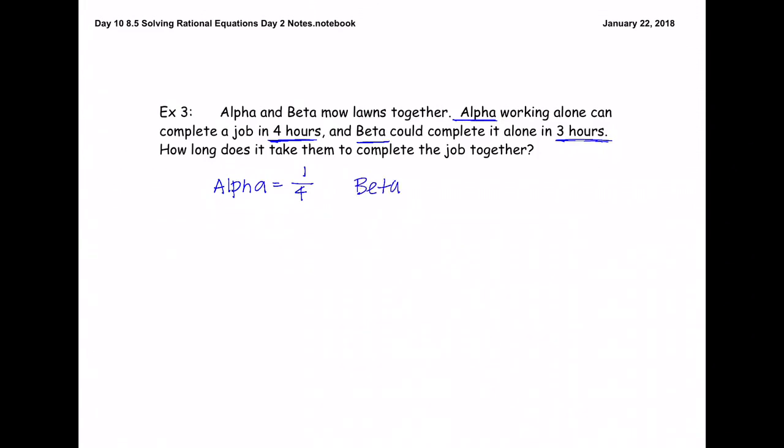Beta working alone can complete 1 job in 3 hours. Okay, how long does it take them to complete the job together? Well, if we take alpha and we add beta, how long does it take for them both combined to complete 1 job? So we do 1 job in the numerator over how long or the time.